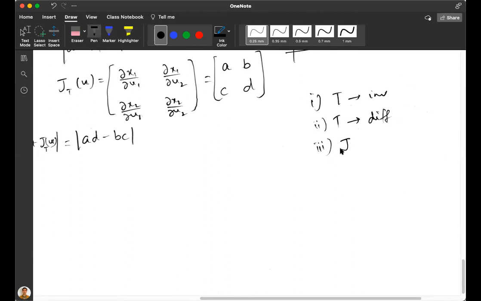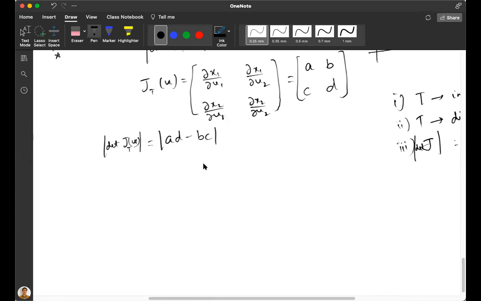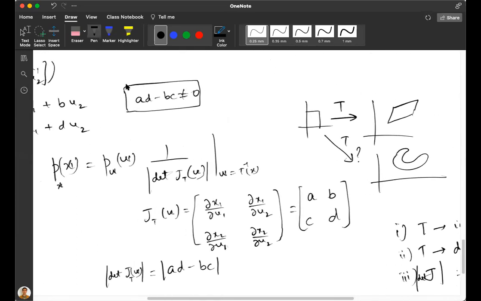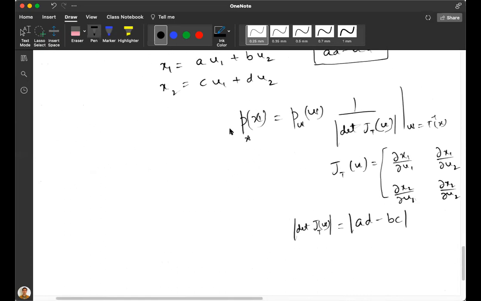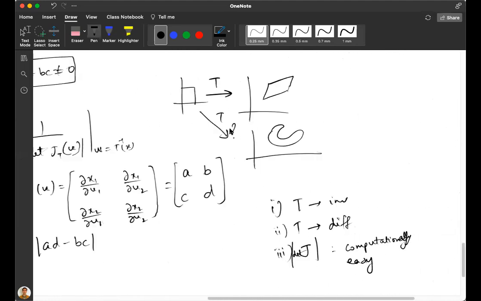Another requirement is that the mod determinant of Jacobian should be computationally tractable, easy to compute. Otherwise, as your x and u become larger, your determinant of J will become overly complicated, and then this condition of invertibility may also be difficult to hold if your Jacobian becomes too complicated. So these are the constraints.